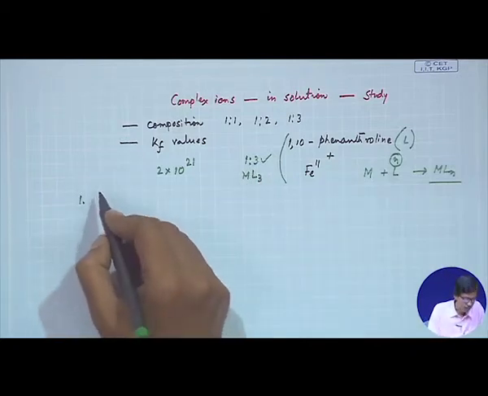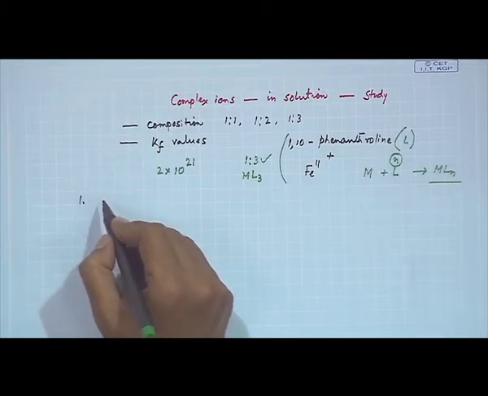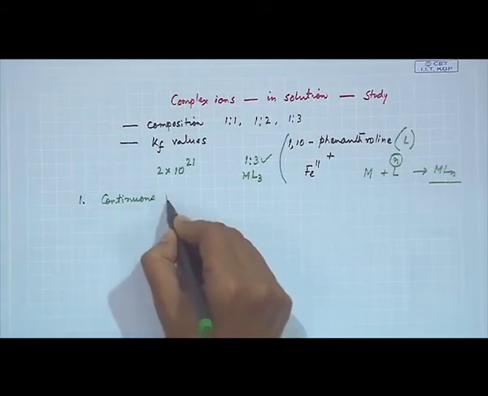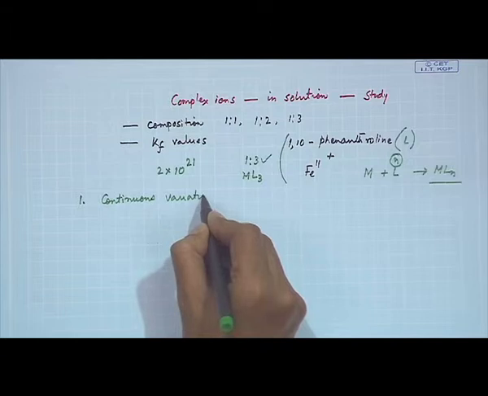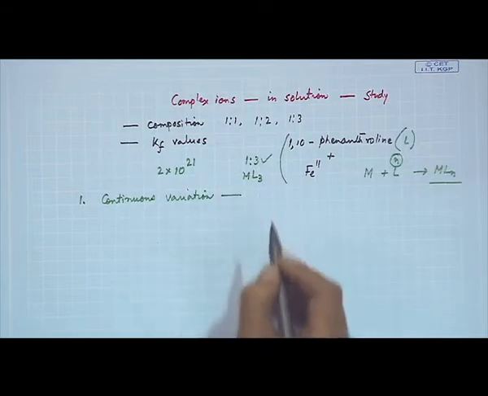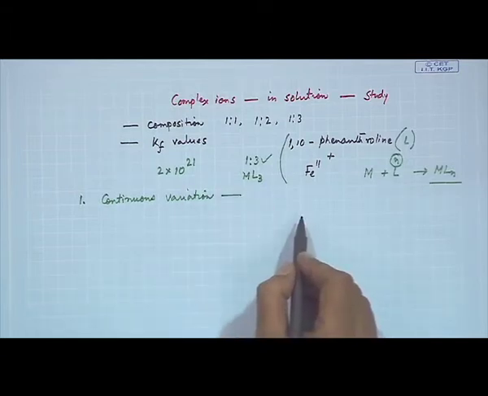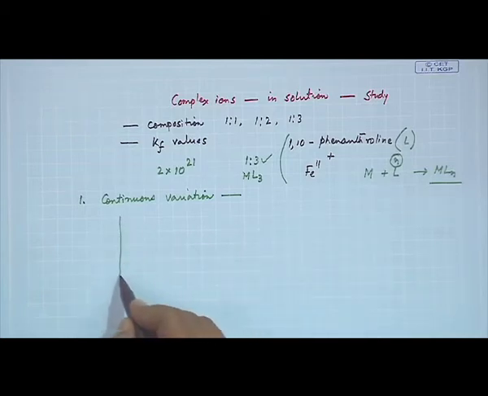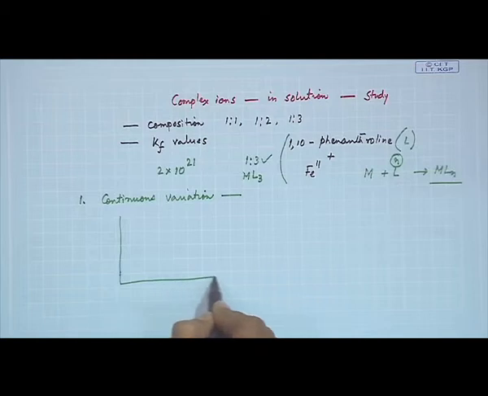The first technique is the method of continuous variation. As the name implies, we will vary the corresponding concentration and measure the absorbances.